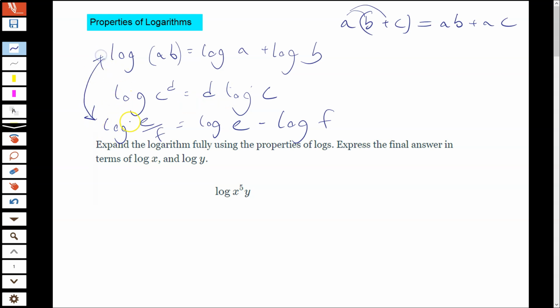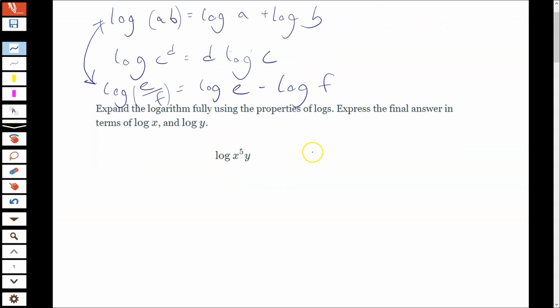These are kind of interchangeable. If two things are being divided inside that log, that looks like their logs being subtracted.